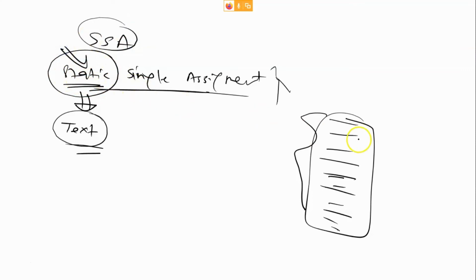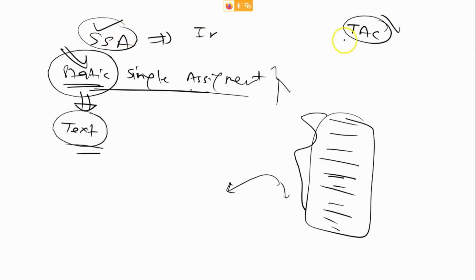We will see some examples and it will be clear what I mean by running the program and what I mean by static. So basically this static single assignment is, first of all, an intermediate representation. Just like we have 3 address code, another representation that we can have is SSA. This SSA is very similar to 3 address code.